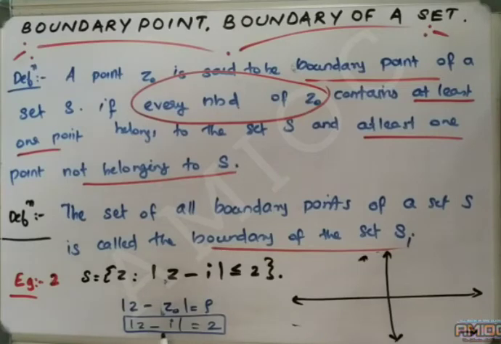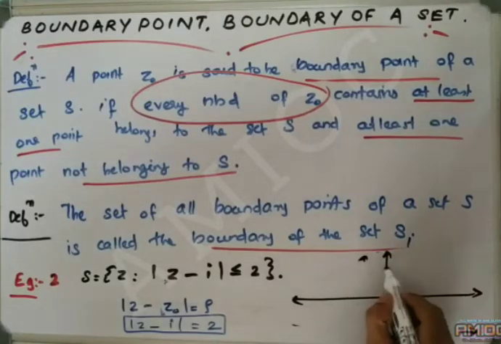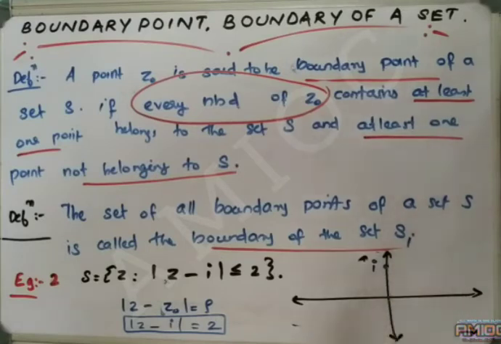So when we sketch mod z minus i equal to 2, we get a circle centered at i and of radius 2. i means 0, 1, which is the point on the imaginary axis, and of radius 2.